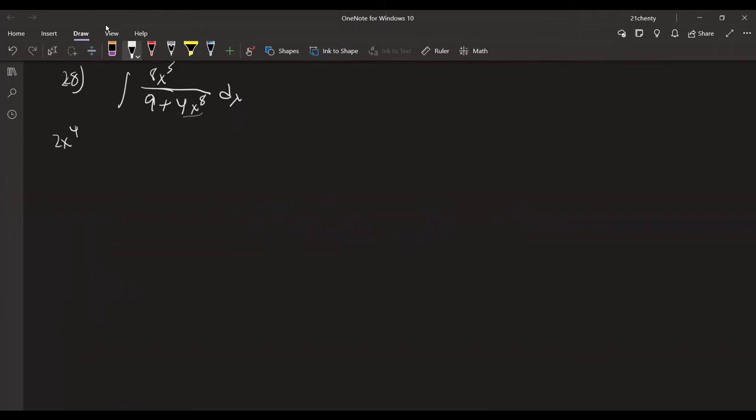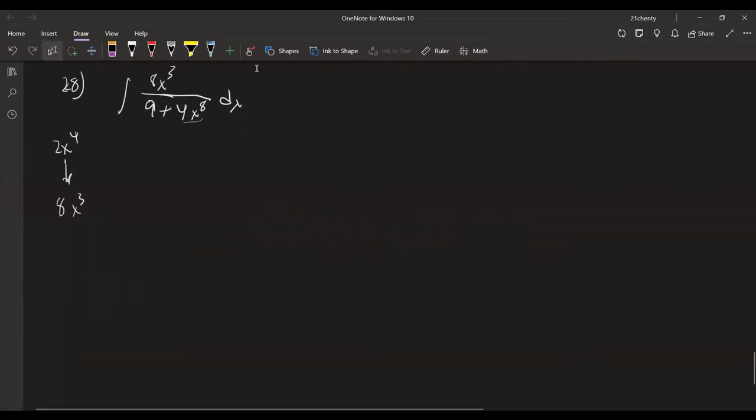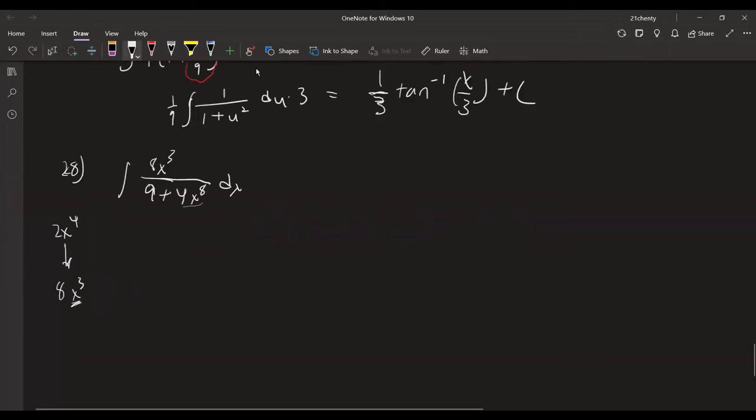And then when you take the derivative of that, since we have to do du over dx when we u sub, it is 8x cubed. And we'll notice that the x cubes, this and this, will cancel out, which means that it will satisfy our tangent formula sort of thing. So first off, let's take out the 9.